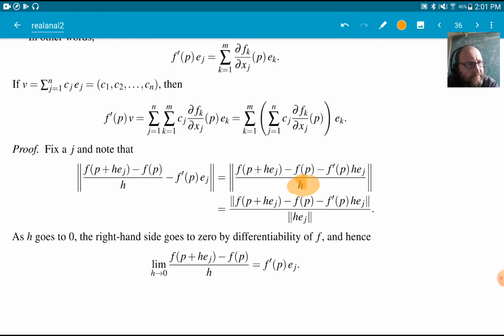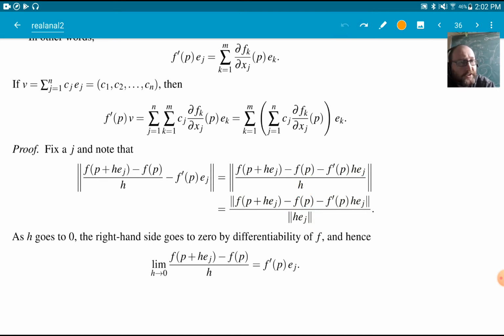I have in the denominator over here, I have h. I want the norm of the displacement, but if the displacement is h ej, the norm of that is h. So I have that. So I know that this goes to 0 as h goes to 0 because f is differentiable.